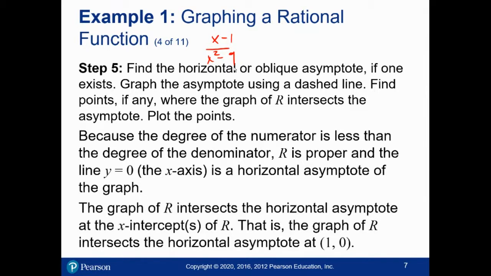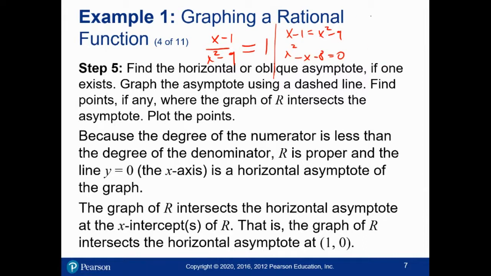You should ask, does it ever intercept the horizontal asymptote? Now that I know y equals 1 is the horizontal asymptote, will this ever intersect it? This, in this particular problem, becomes, is x minus 1 ever equal to x squared minus 9? In other words, is x squared minus x minus 8 ever equal to 0? I just moved everything over to one side.